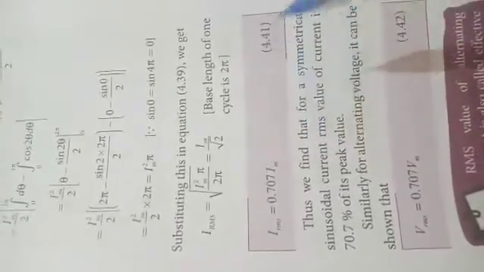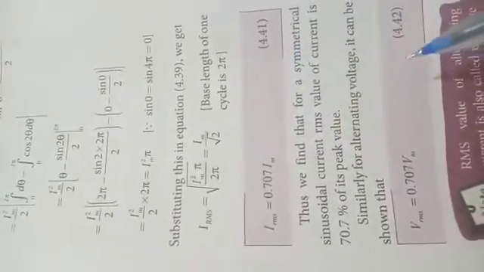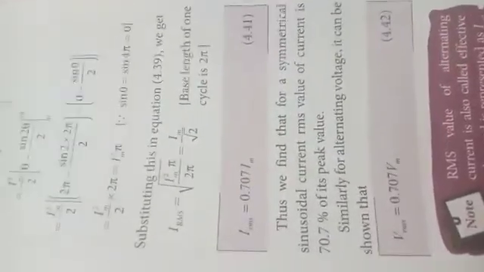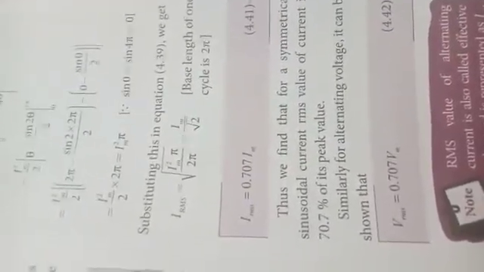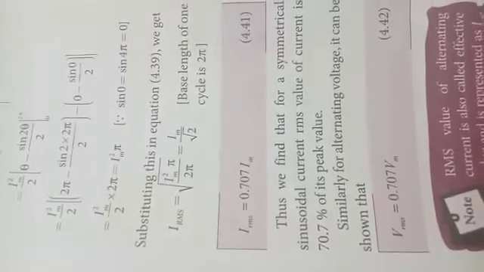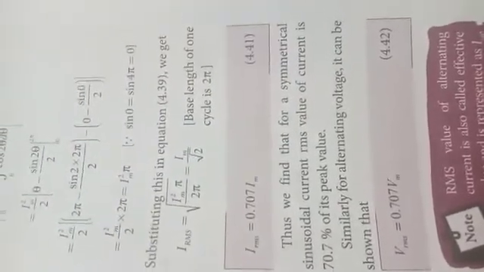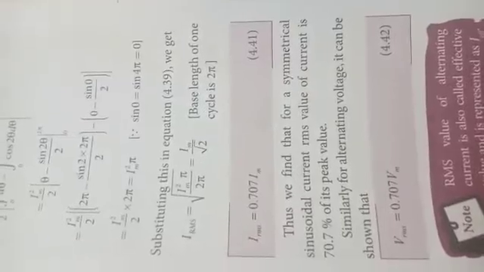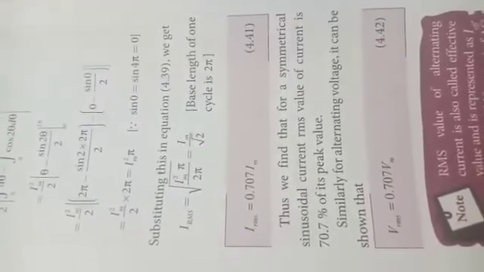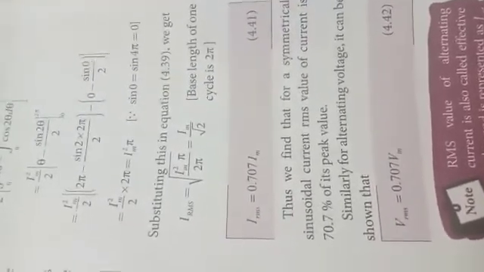So I RMS equals 0.707 Im, that is nothing but 70.7% of its peak value. Similarly, for the alternating voltage, VRMS is equal to 0.707 Vm. So the RMS value of voltage is 70.7% of its peak value. That's all.